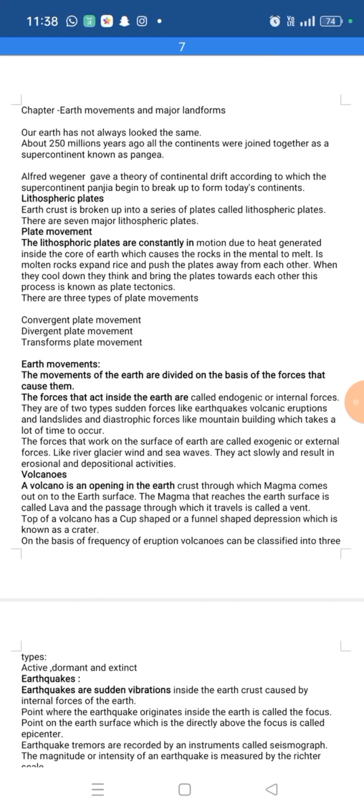Now, there are three types of plate movements. Plates are always moving due to heat generated inside the earth, right? The three types of plate movements are convergent, divergent, and transform. Convergent plate movement occurs when, due to the forces of compression, two plates move towards each other and collide.